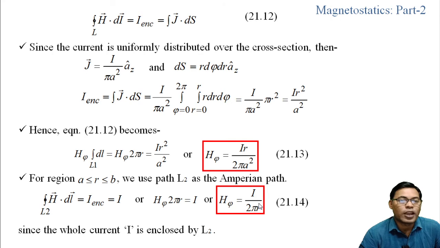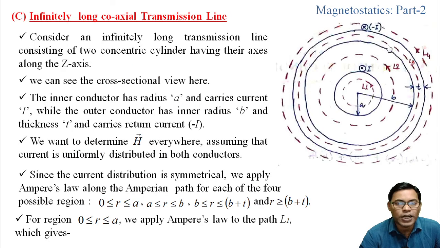Now the third case we are moving to, that is the Amperian path we are considering inside the strip of this outer cylinder. So here the L3 path we have considered. The current enclosed by this Amperian path we need to calculate, and after that we need to apply Ampere's law.